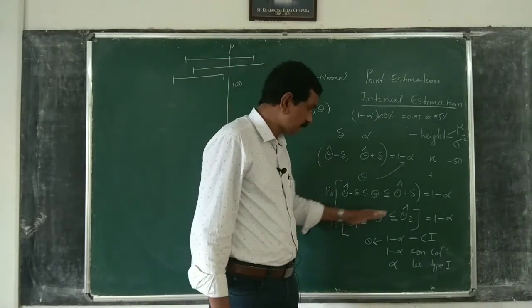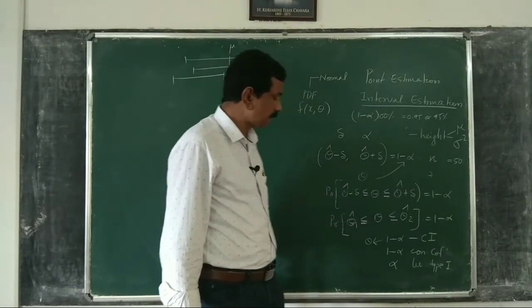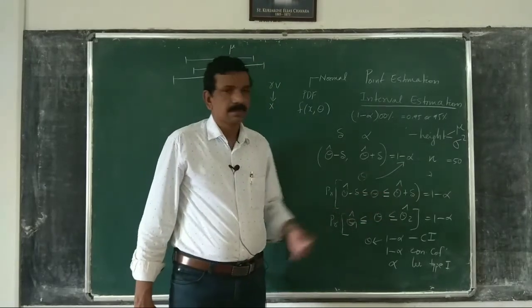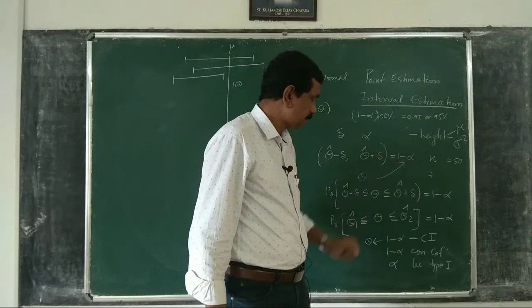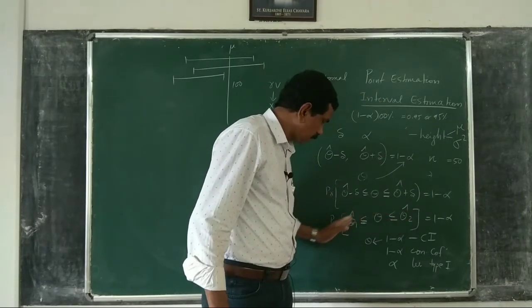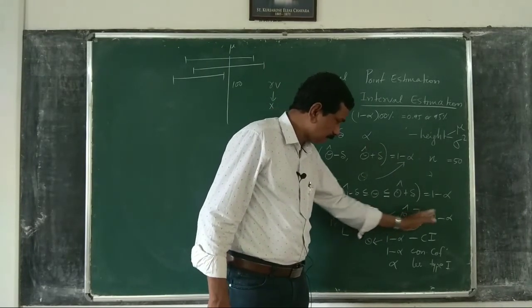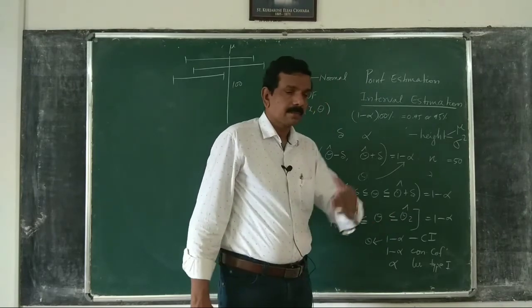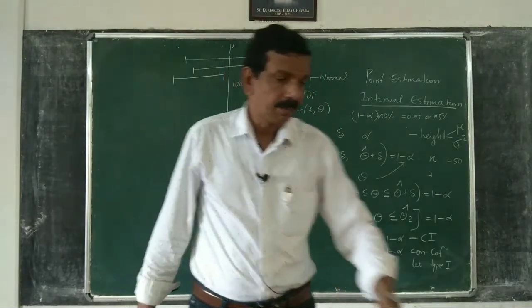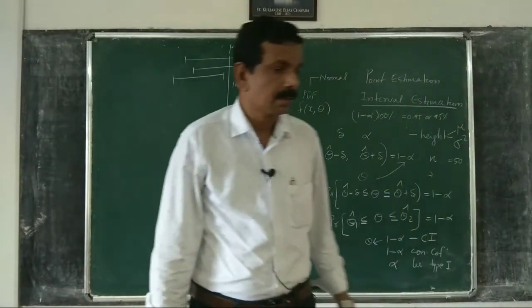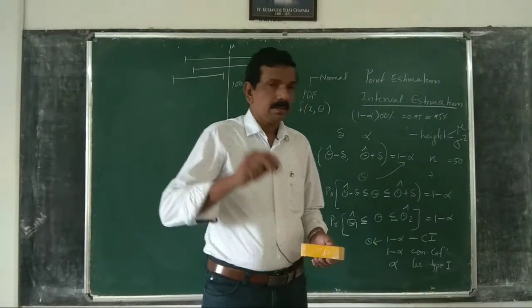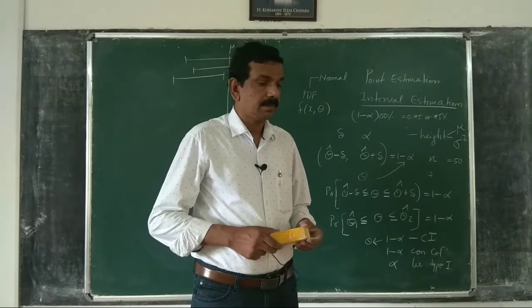So what we say is, if we construct intervals like this 100 times, and alpha is set as 5%, 95 out of 100 times the parameter will lie in this interval, and 5 times the parameter will be outside this interval. So that is a point which must be kept in mind.